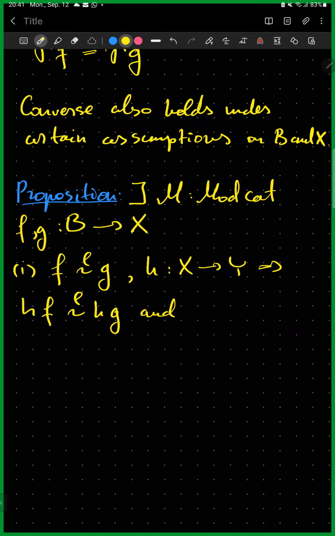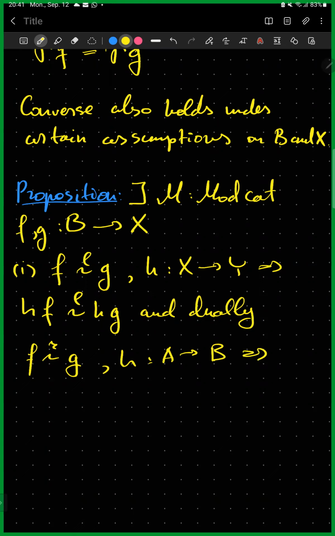And dually, if we have F which is right homotopic to G, and we have a map H which goes from A to B, then FH is right homotopic to GH.